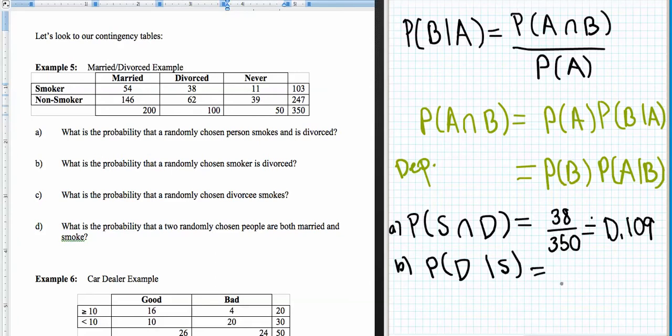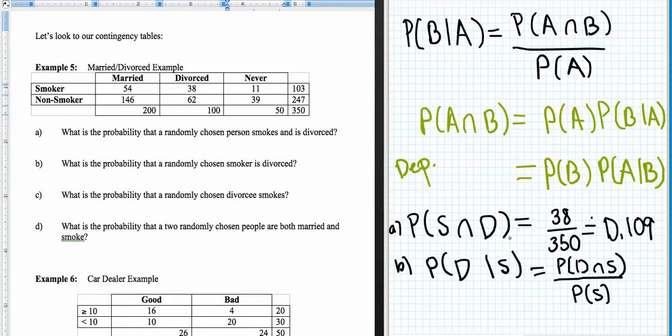So from the rule standpoint, to give this probability of B given A or A given B, I'd have to find the probability of being both of these, right? The probability of divorced and smoker, and then divide that by the probability of the condition, which is smoker.